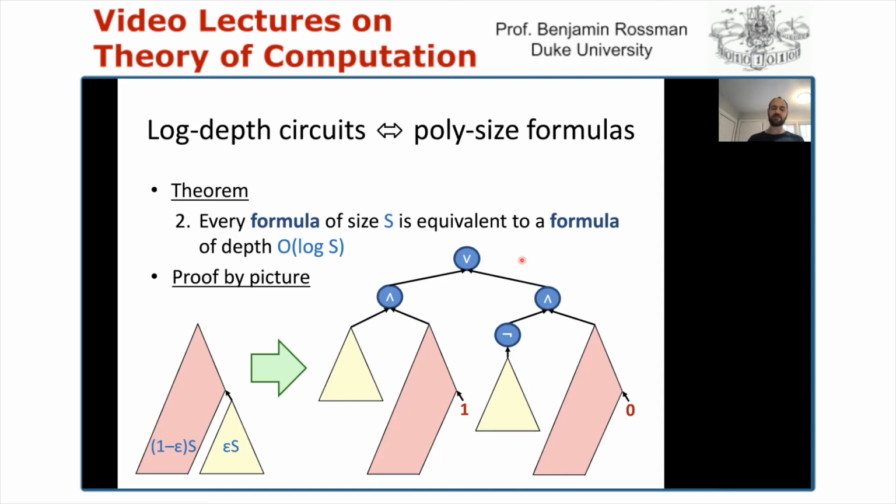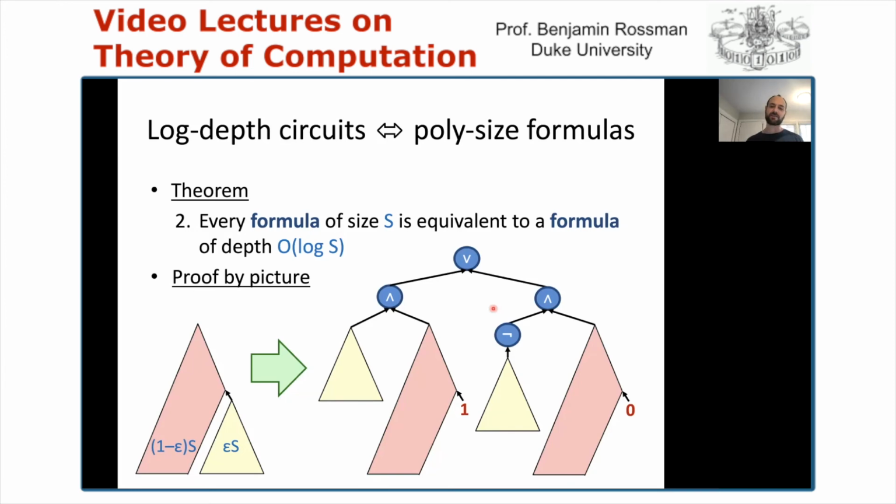This is easy to see if we just verbalize what this formula is doing. It's saying either the yellow subformula evaluates to 1, and this red subformula with 1 substituted evaluates to 1. Or the yellow subformula evaluates to 0, and the red subformula with 0 substituted evaluates to 1, right? So this equals 1 if and only if this guy equals 1.